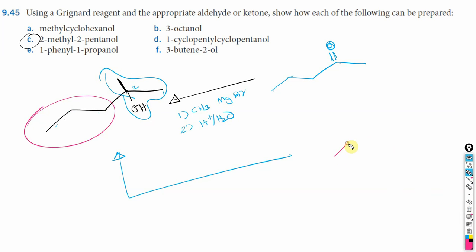So in this case, the reactants would be acetone, and the Grignard would be propyl magnesium bromide, and that can be treated with acid and water to give the same product.